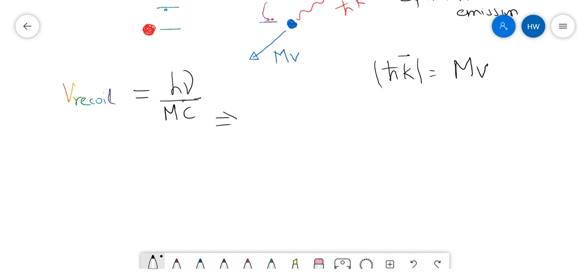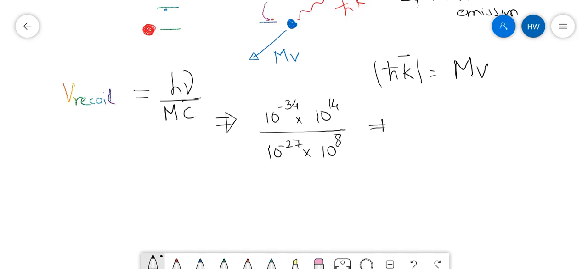So we are good at estimating. Planck's constant is about 10 to the power minus 34, I'm looking at all in SI units, joule second. You have frequencies of the order of 10 to the power of 14, 13, 14 depending, optical. Then you have the mass, which is of the order of 10 to the power minus 27 kgs, and light velocity in free space roughly about 10 to the power of 8.